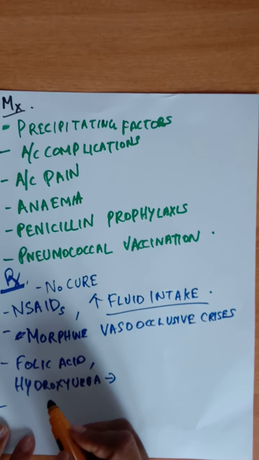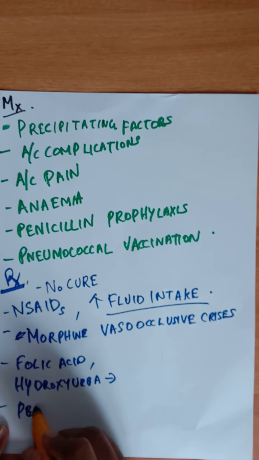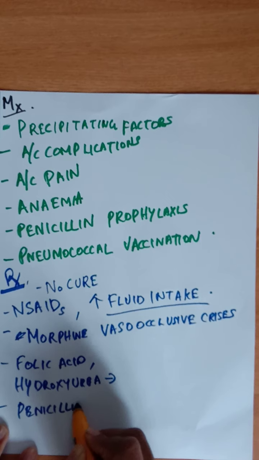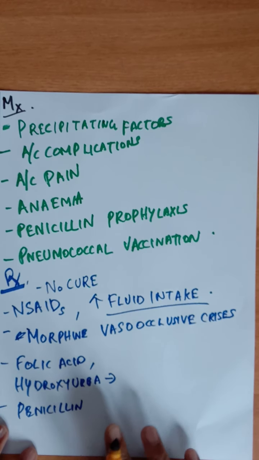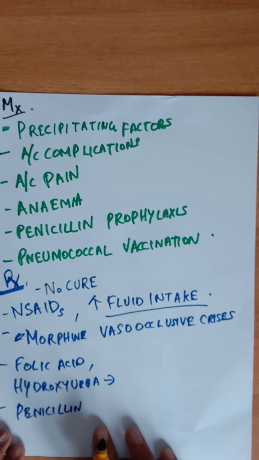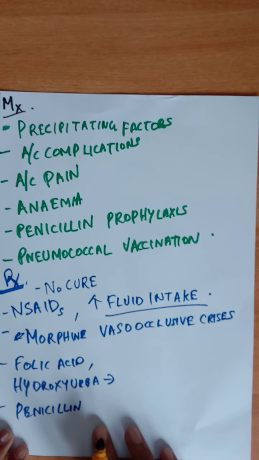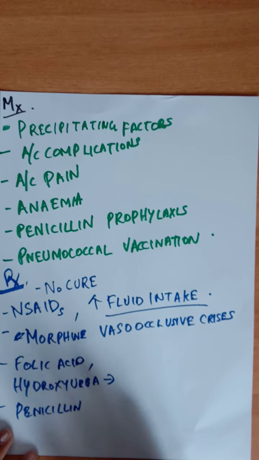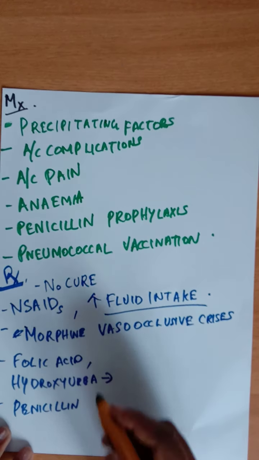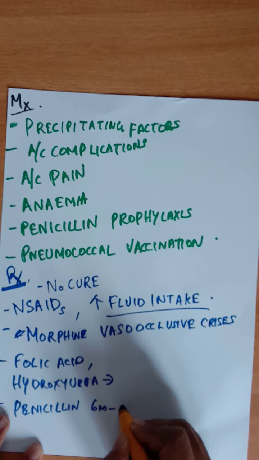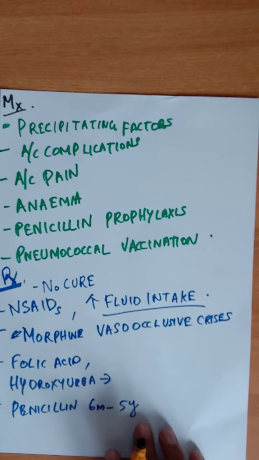And then prevention and treatment of infections, penicillin prophylaxis. Children can get recurrent pneumococcal infections which can precipitate the crisis, so it can be started at age 6 months, and this penicillin prophylaxis can go till 5 years of age.